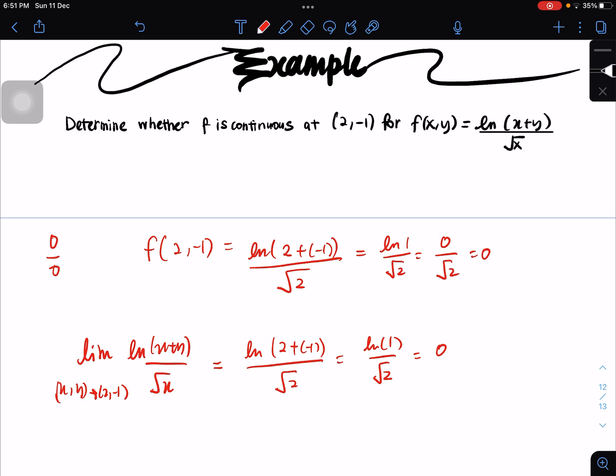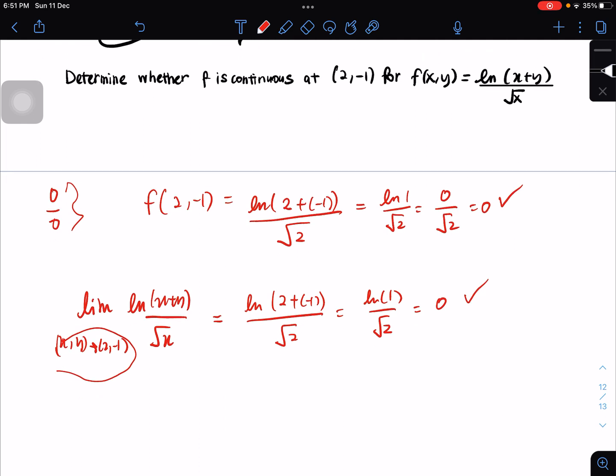No need to check for two path, because you only check for path 1 and path 2 when you substitute the value, you get 0 over 0 undetermined. Then you need to find path 1 and path 2. Now when you substitute the value, you not get 0 over 0, but you get 0. So you see here, the first condition is 0, the second condition is 0, and then we check for the third condition.